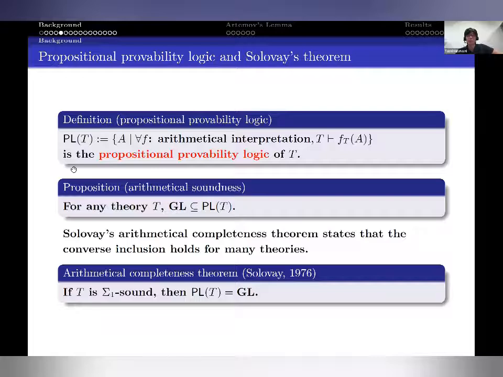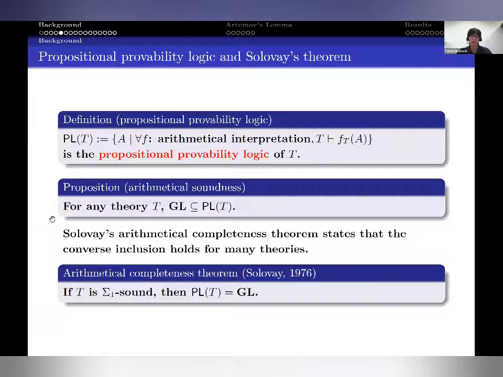Then it is easy to show that for any theory T, meaning any RE extension of I sigma 1, GL is included in the propositional probability logic of T. That is, if a formula A is provable in GL, then for any arithmetical interpretation F, Ft of A is provable in T. And the famous Solovay's arithmetical completeness theorem states that the converse inclusion holds for many theories.